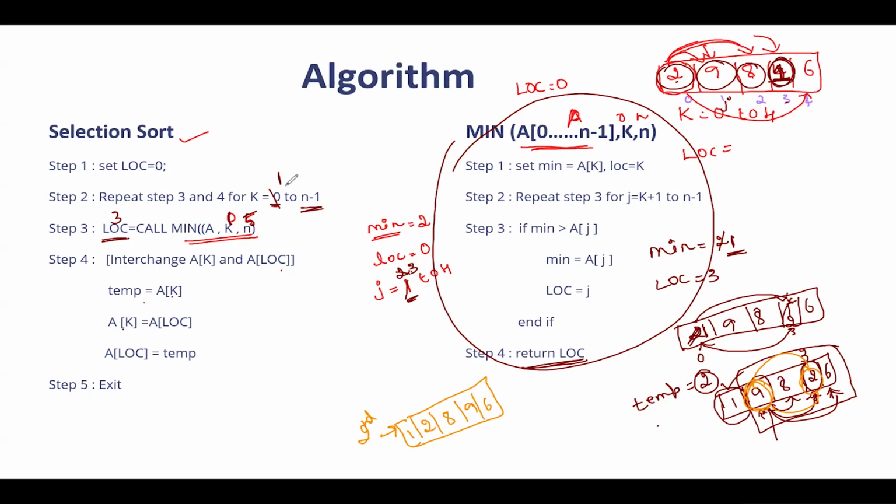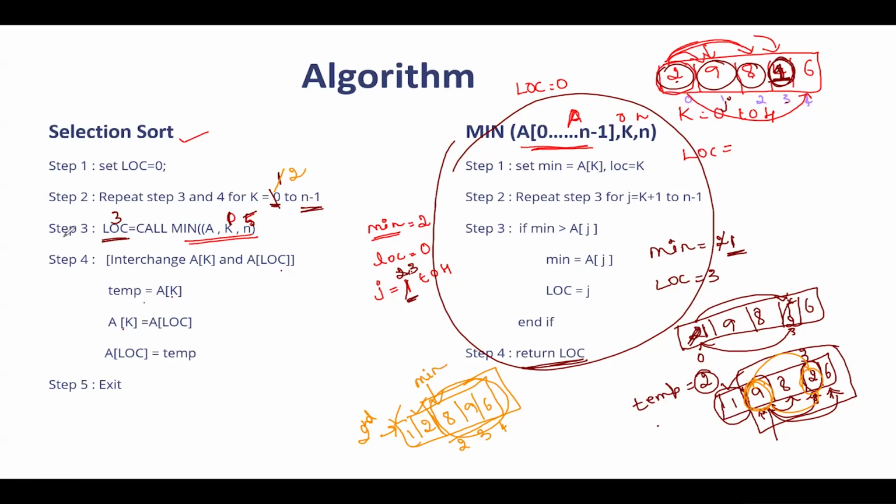All right. So once again, the k value is going to get incremented to 2. Now I'm going to call the minimum function from 2 to n minus 1, which is 2, 3, and 4. I'm only focusing on this because I know that the earlier positions are in a correct position. So I take this as the minimum.